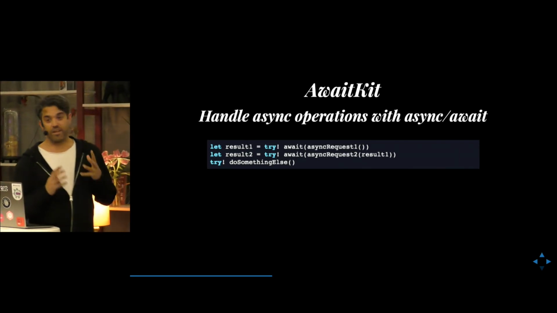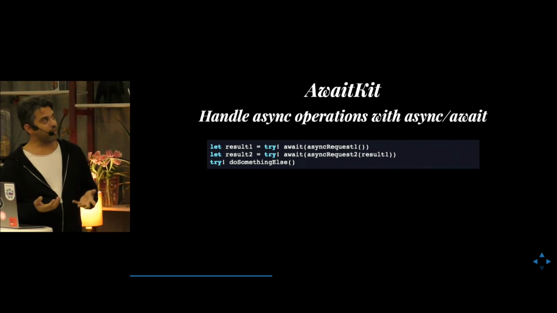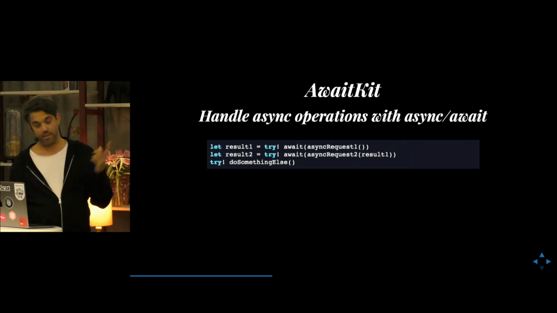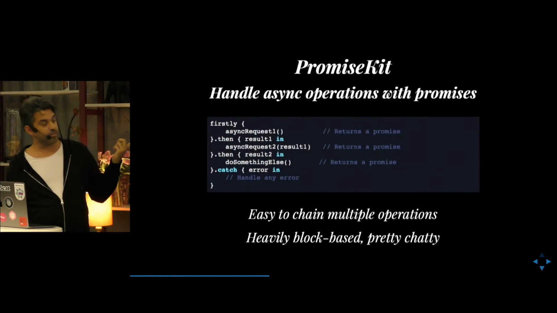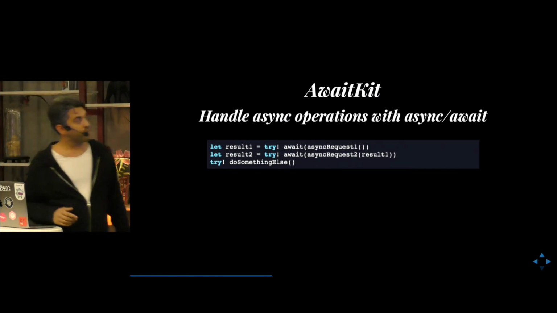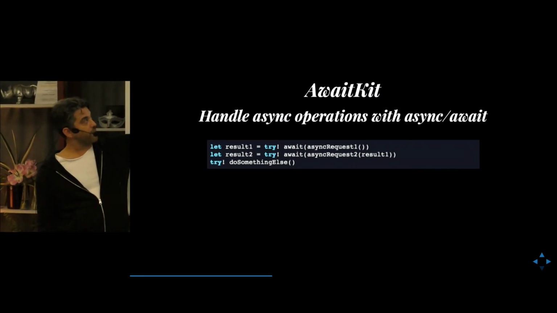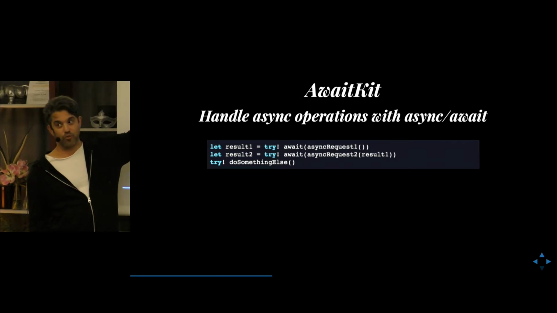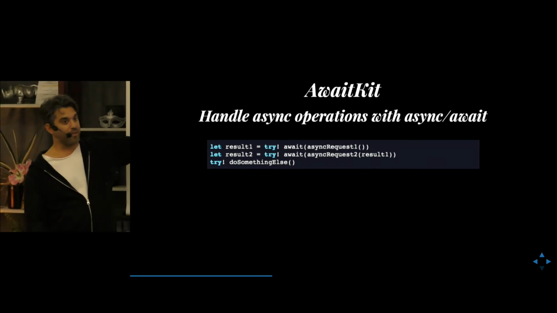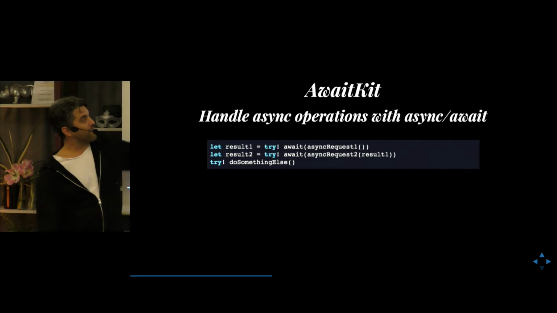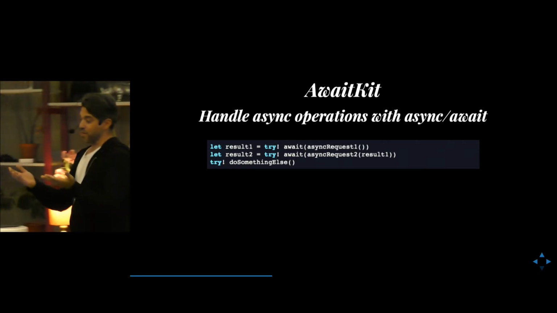Basically, with async await, you get a new keyword that is await, and this code is basically this code. The first asynchronous request gets awaited, and if you try bang it, maybe you get a result back. So this is really nice.